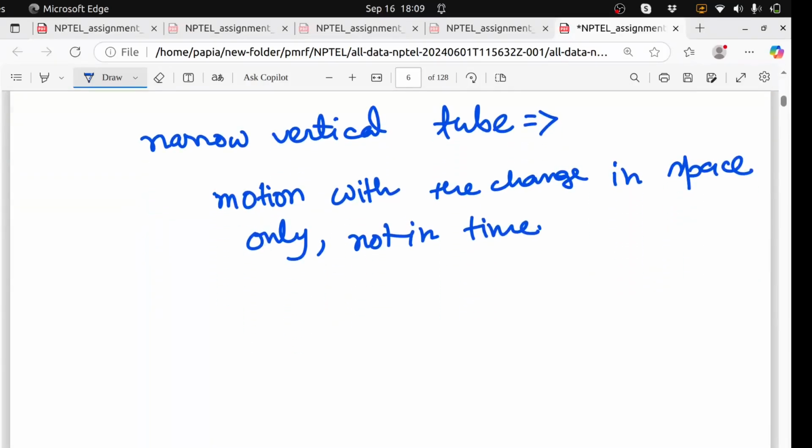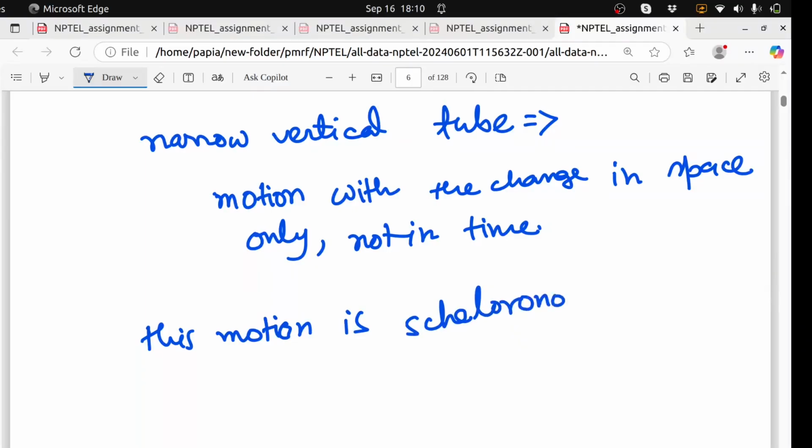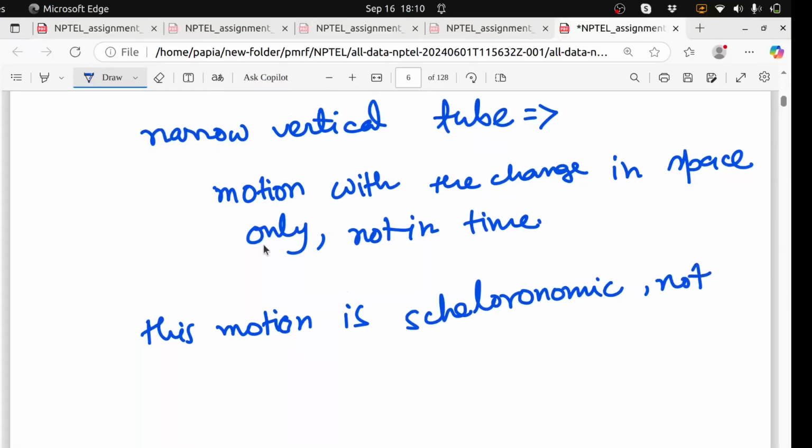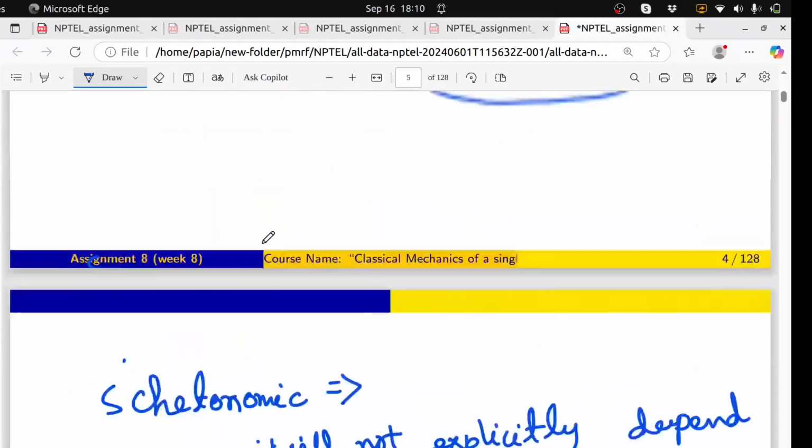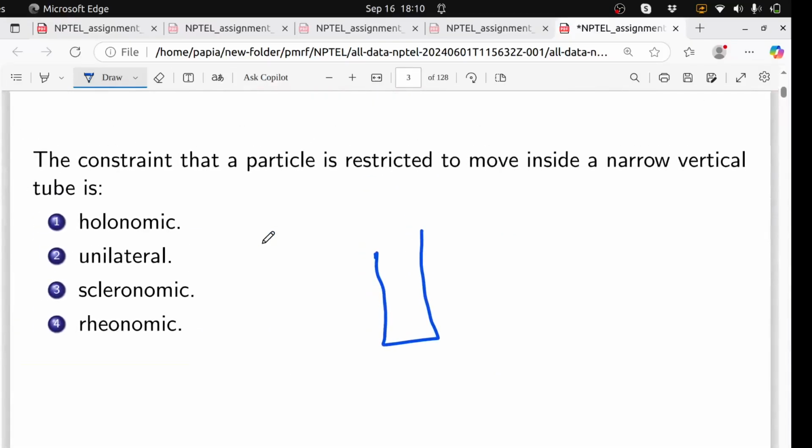So I can say that this motion is scleronomic, not rheonomic. As this is one option, it will be scleronomic.